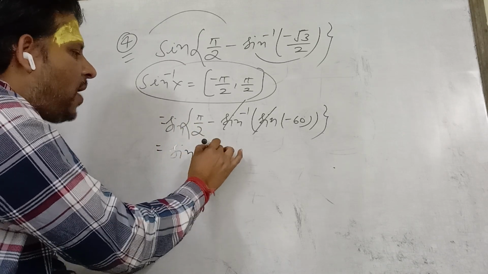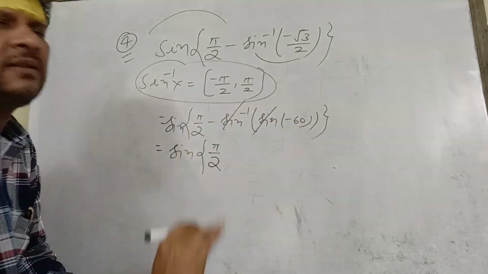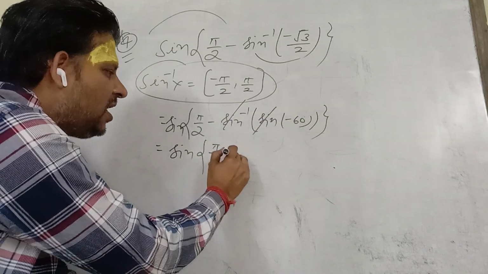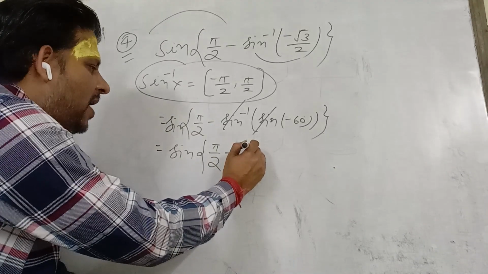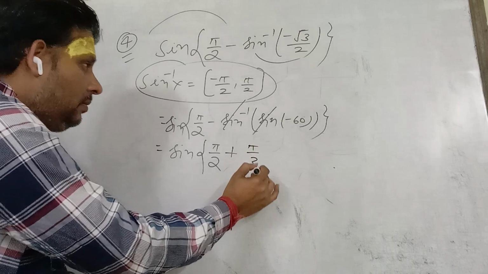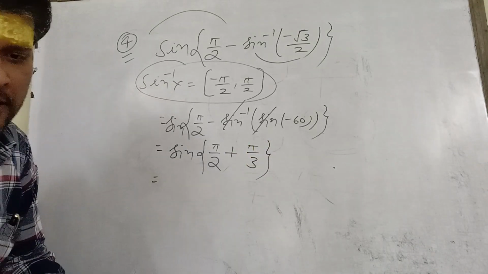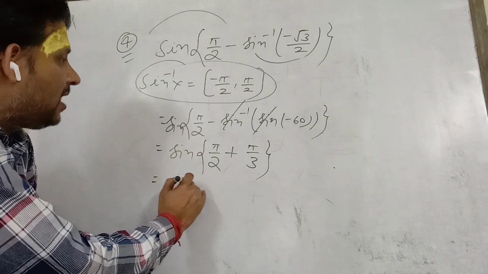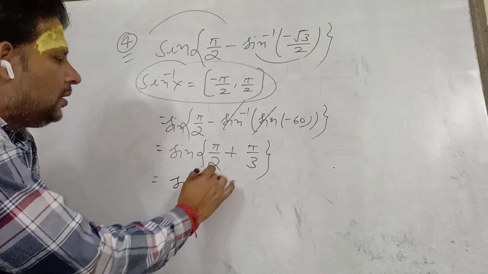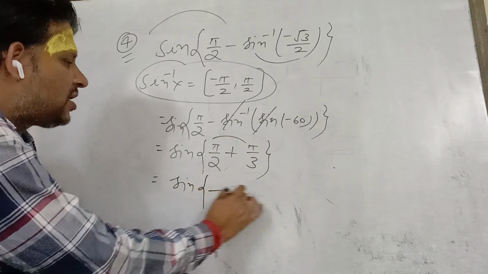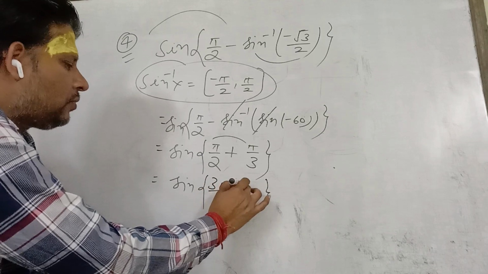So this becomes pi by 2 minus and minus plus, and 60 degree changes into radian, that is pi by 3. Now the LCM is 6: 3 pi plus 2 pi.